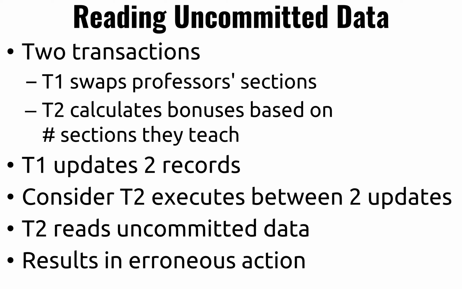One of them is trying to swap professor sections, meaning I'm teaching section 1 and you're teaching section 2, and maybe for a different course perhaps. And I'm teaching 3 courses and you're teaching 2 courses, and we're in the process of switching sections. I'm going to teach the undergrad and you're going to teach the graduate.